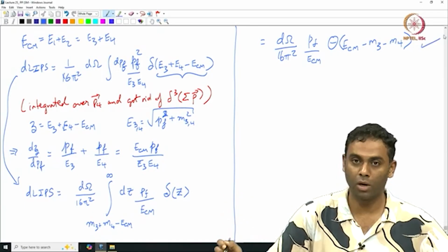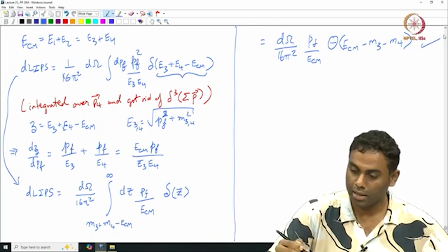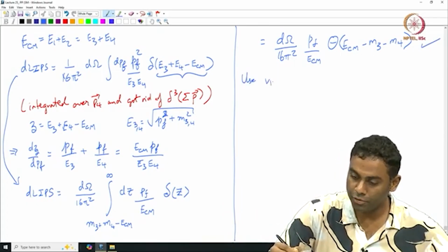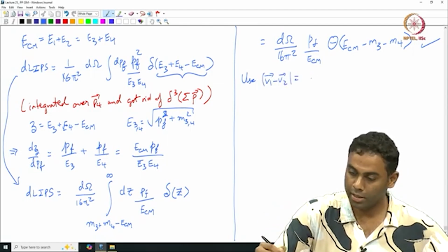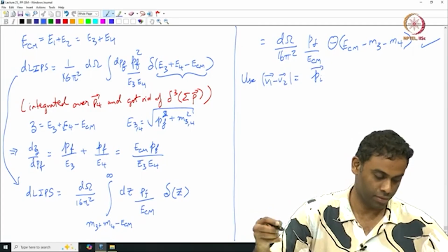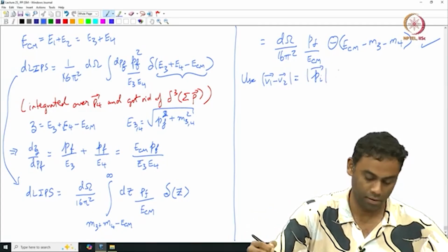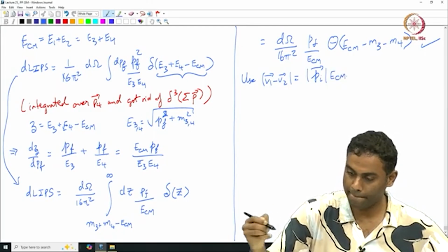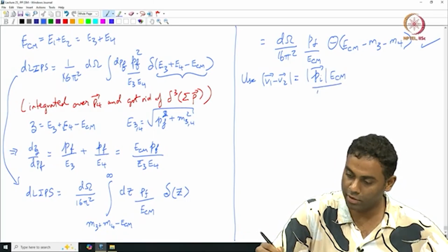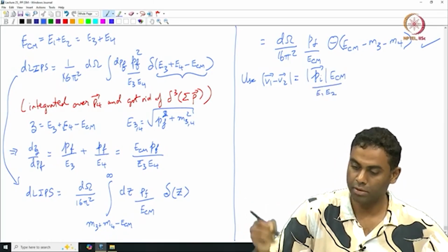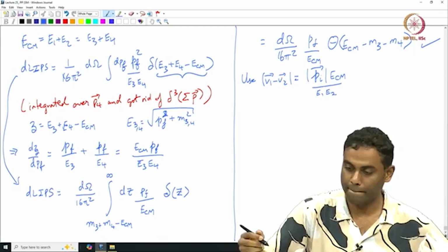So that's one bit, and I'm also going to use the fact that V1 minus V2 can be expressed as this. So this is a very trivial thing to derive. I'm going to ask you to do it.